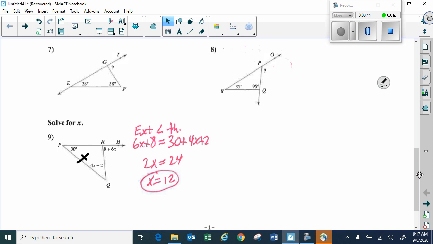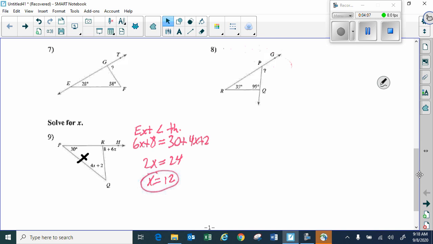Okay, subtract the 4x across, I get 2x. Here I have 32, subtract the 8 across is 24. Divide each side by 2 and you get x equals 12. So a little pre-algebra involved there, but it's the exact same steps on every one of these problems, both sides of the page. Exterior angle equals the sum of the two opposite interior angles.